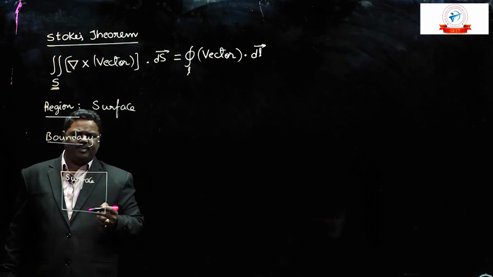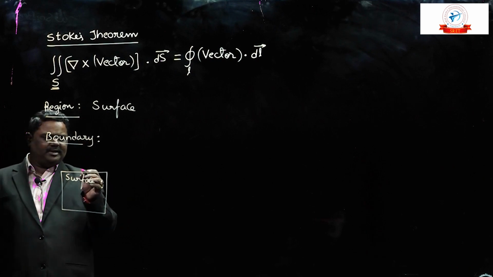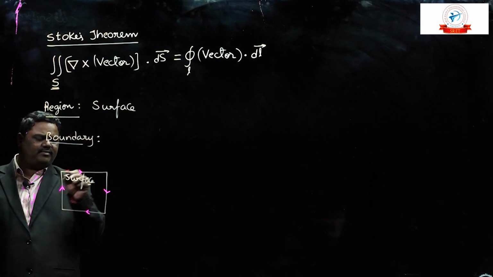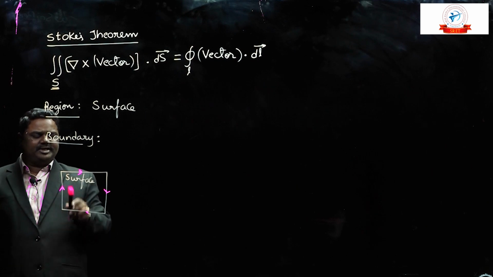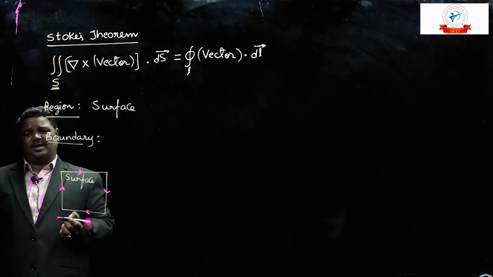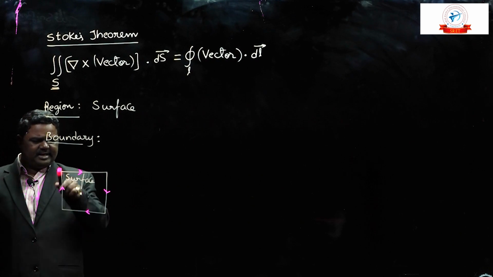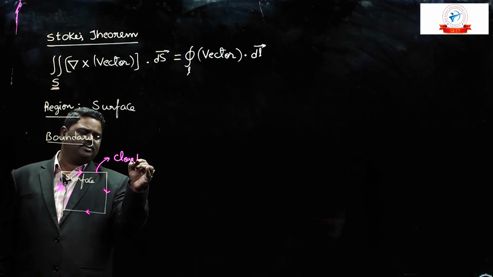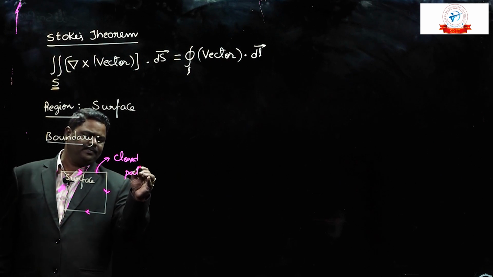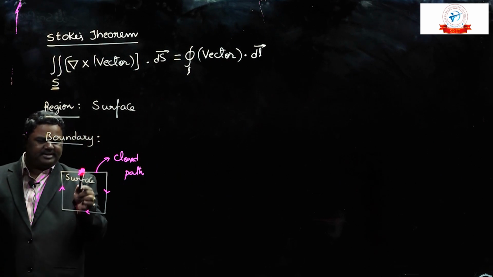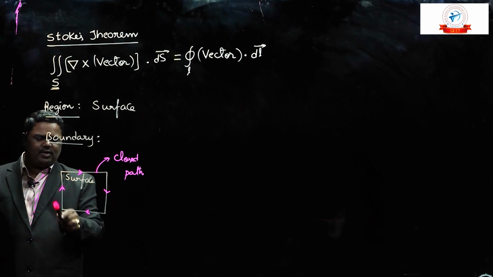If I ask you, you are going to say there are four sides acting as the boundaries for the surface. These four sides combinedly represent a closed path or open path? Yeah, exactly, it is a closed path. So that means for any finite surface, the boundary is a closed path.